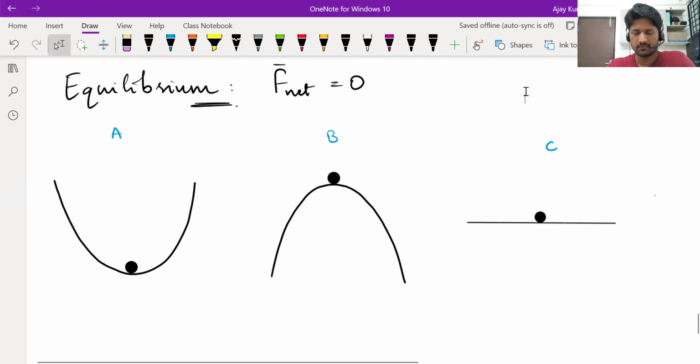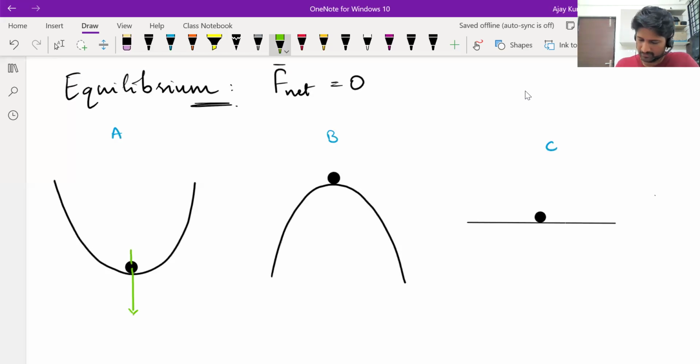Weight and normal, sir. Okay. Weight and normal force will be acting. Weight acts vertically downward. Normal force from the curved surface acts upwards. They'll balance. Net force is zero. It's in equilibrium. We know from everyday experience also, you put an object there, it will be at rest. It will continue to be at rest. So this is a case of equilibrium.